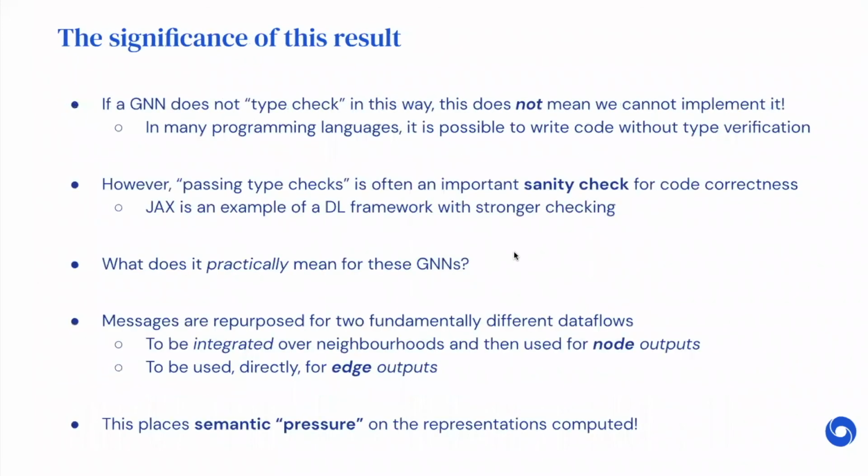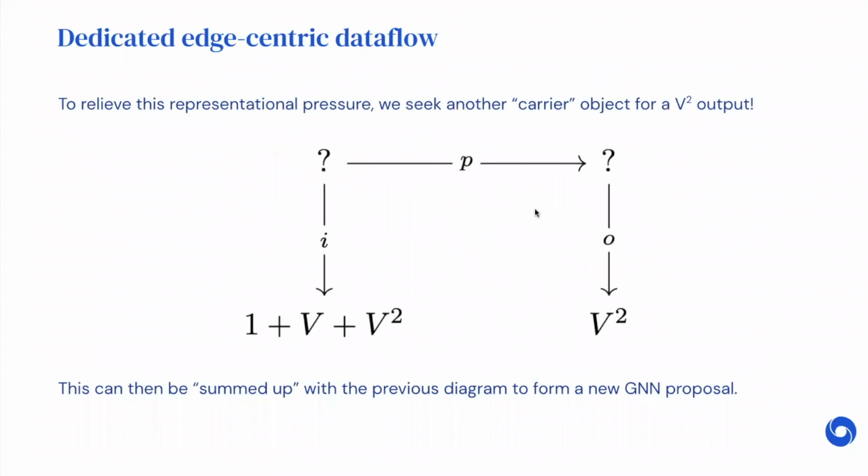And from a representational perspective, this gives a huge amount of semantic pressure on that message vector because it needs to be used for two different things, right? And generally, this means that the type checker is telling us, hey, maybe you shouldn't be using the same message for two things, right? So let's try to come up with a different data flow, which will result in a V squared output that won't reuse the message that we previously computed.